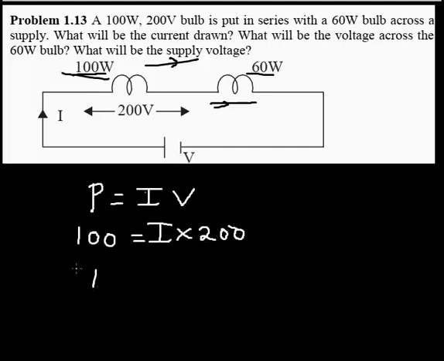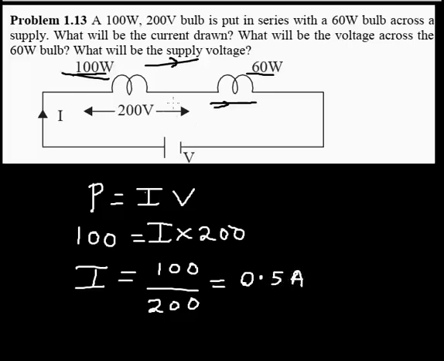So the current passing through the 100 watt is going to be 100 divided by 200. That gives me 0.5 ampere. So the same current is passing through the 60 watt. So the current that is actually drawn is 0.5 ampere. That is the circuit current drawn.